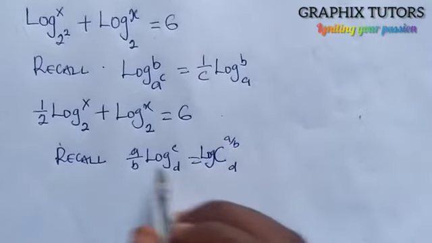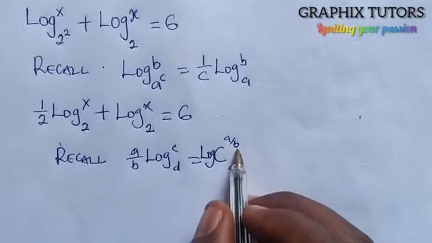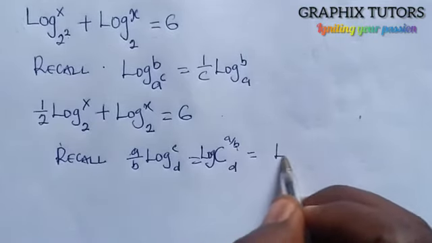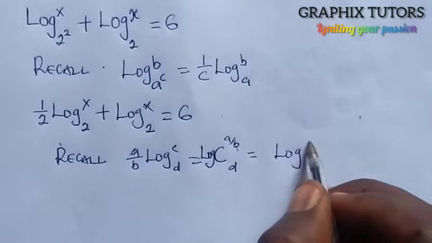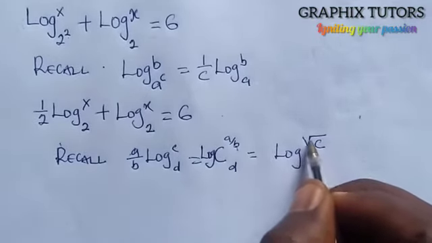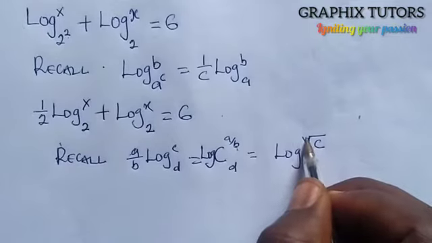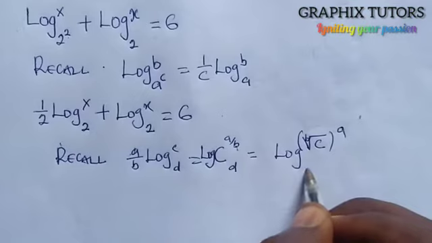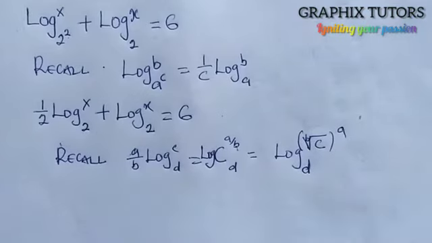So what is down here will go on top of it. So we write it this way: log, the root of c, where in this root we have b raised to the power of a. That is your indices, then to base d.